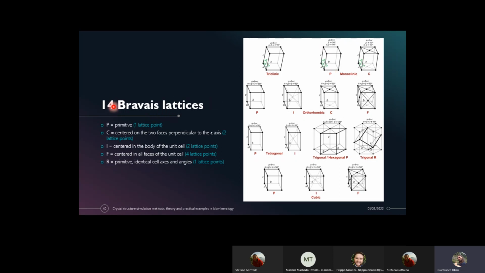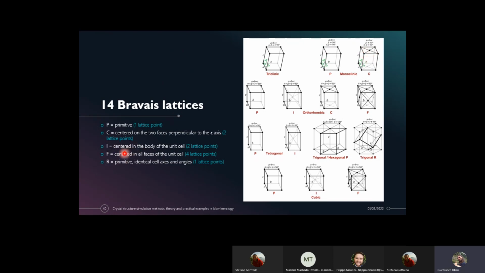P stands for primitive, so you have one lattice point. You can see here the lattice points in the cell. C means that there is a node on two faces that are perpendicular to the C-axis. So in this case, for example for monoclinic, it means that you have 2 lattice points.